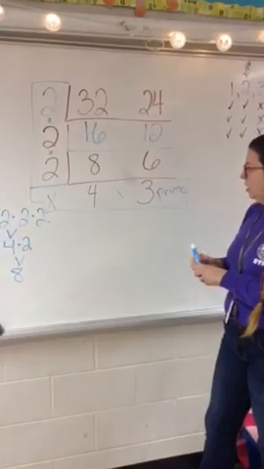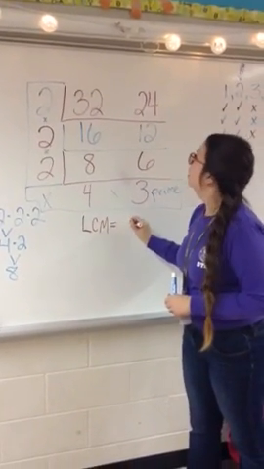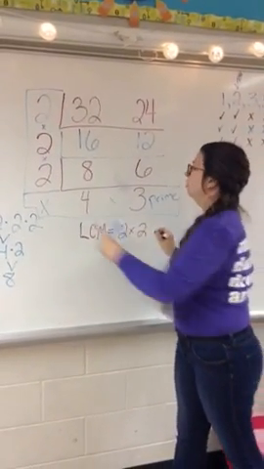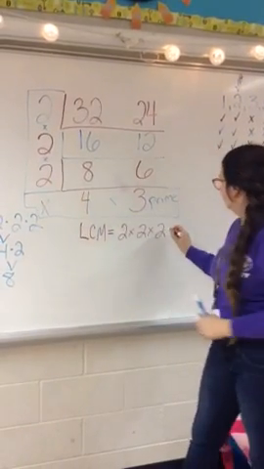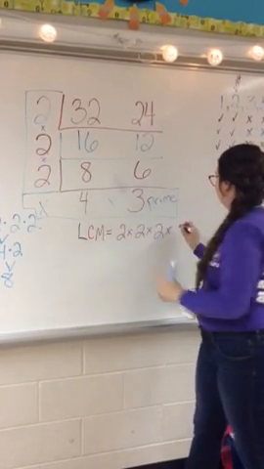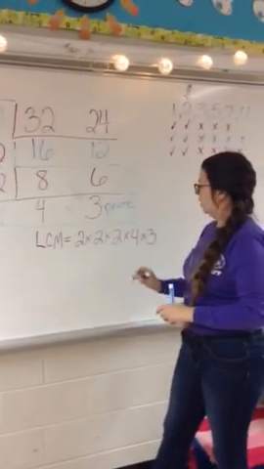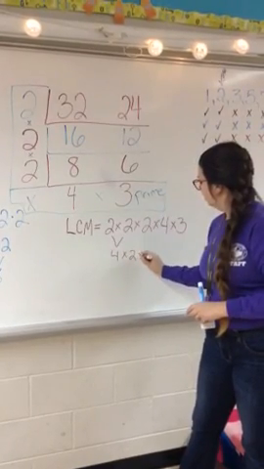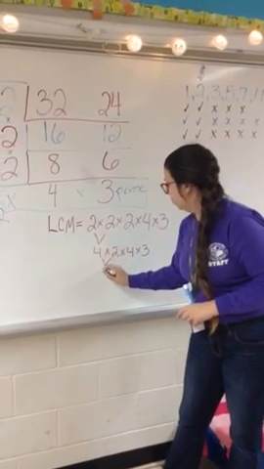So our least common multiple becomes 2 times 2 times 2 times 4 times 3. Once we multiply those together, we will have our least common multiple.